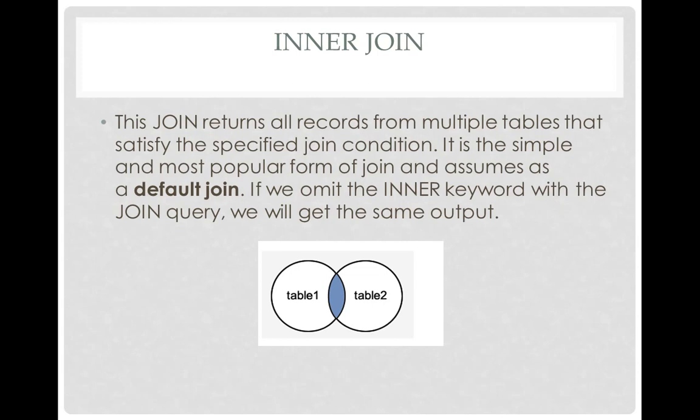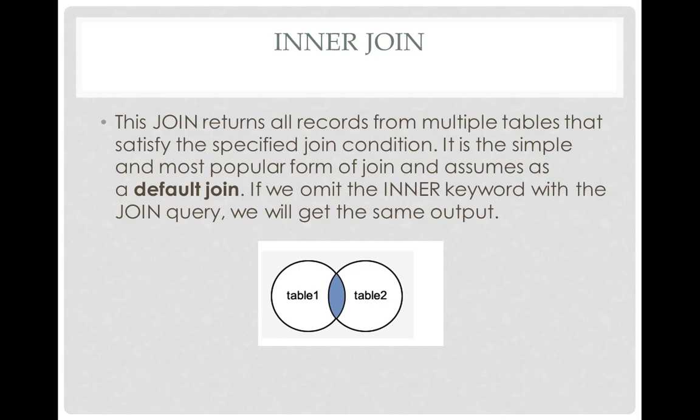Inner join is the process by which we can calculate the common portion of two tables. In our diagram we can see table 1 has some specific fields and table 2 has some specific fields. The intermediate place between table 1 and table 2 is known as the inner join portion.